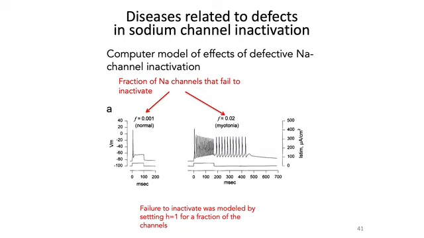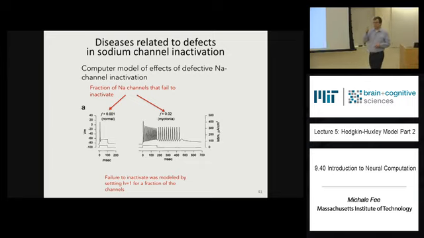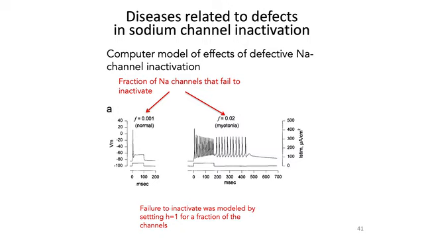So here's a normal muscle fiber. You get a single action potential. What they did was they made some fraction of those ion channels fail to inactivate. And here's what happens to the model when you make 2% of sodium channels fail to inactivate. You see that you get this large number of action potentials because the sodium channels are not inactivating properly.